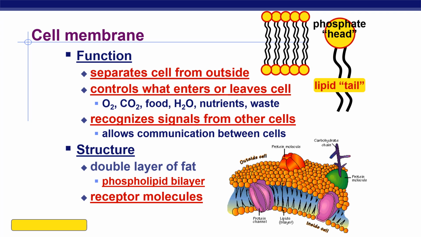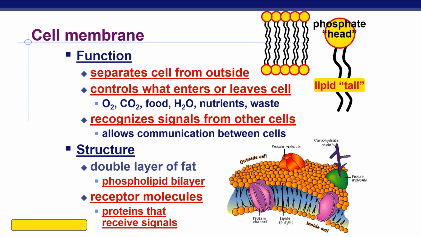The cell membrane also has receptor molecules. It receives signals. It's the protein that receives signals. Where are the proteins there? We have the orange one, the purple one, and the green one.